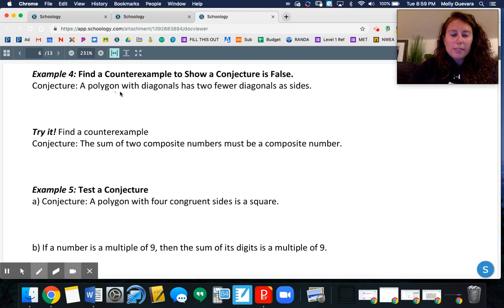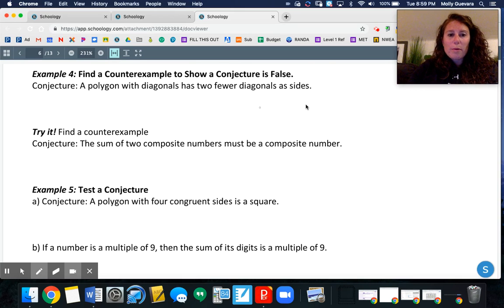So a polygon with diagonals has 2 fewer diagonals than sides, meaning if it has 4 sides, it has 2 diagonals. If it has 5 sides, it has 3 diagonals, and so on and so forth.